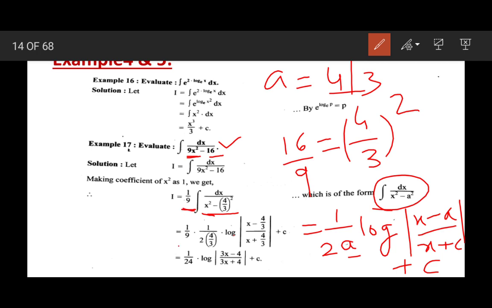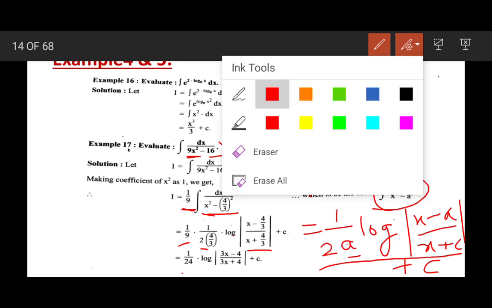So 1 upon 9 as it is, then I apply this formula: 1 upon 2 into 4 upon 3 into log (x minus 4 upon 3) upon (x plus 4 upon 3) plus c. So 1 upon 24 into log (3x minus 4) upon (3x plus 4) plus c.